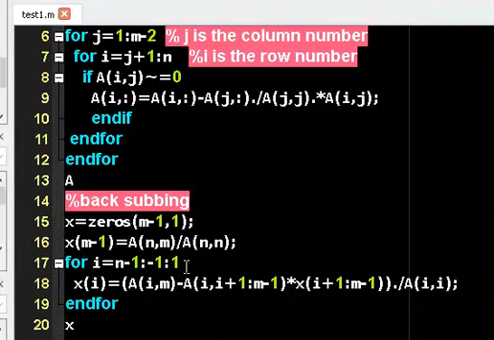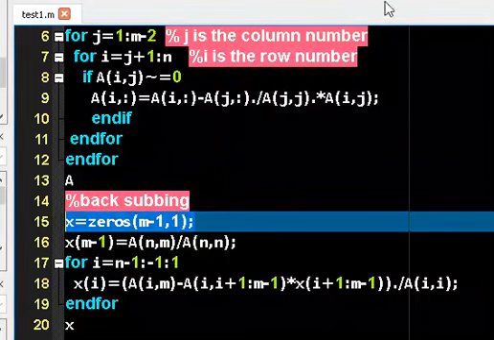You know that we start from the bottom when we find the solution.